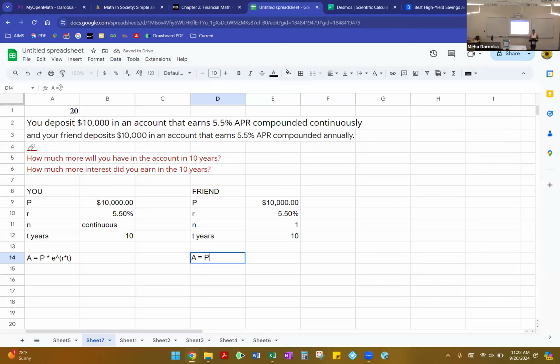For the annual compounding, you can use R divided by N, raised to the power of N times T, or you can use the built-in function, whatever you want. And remember, for E, we use EXP.